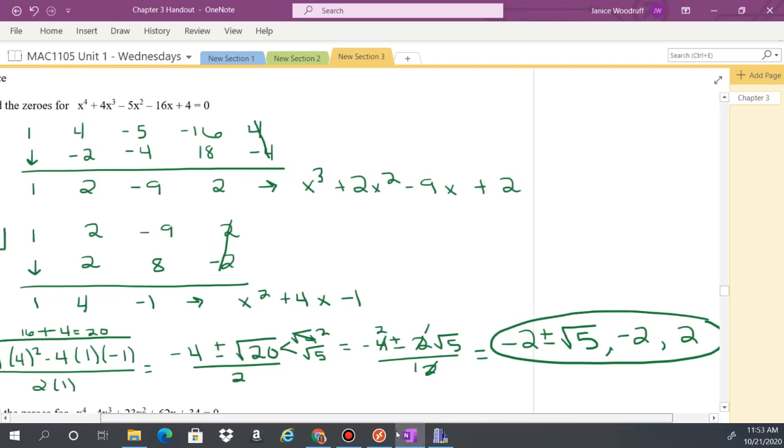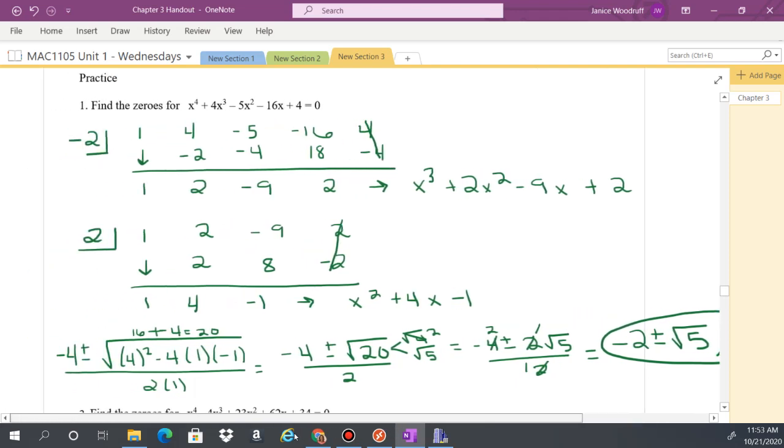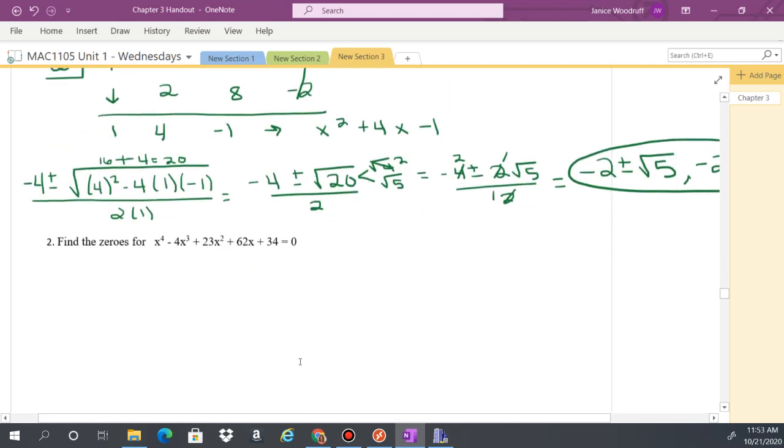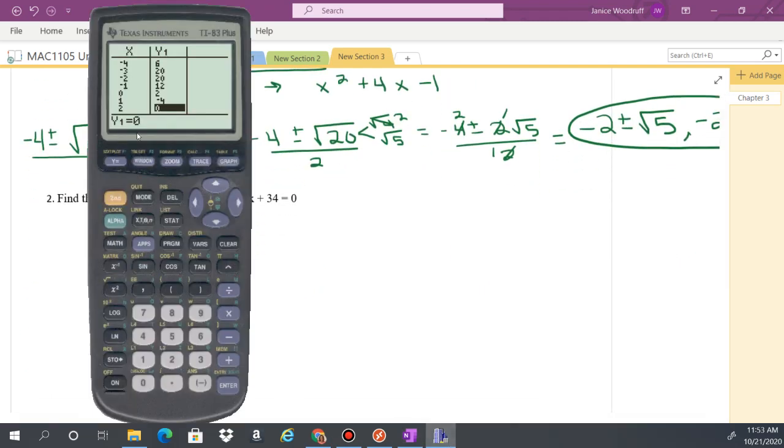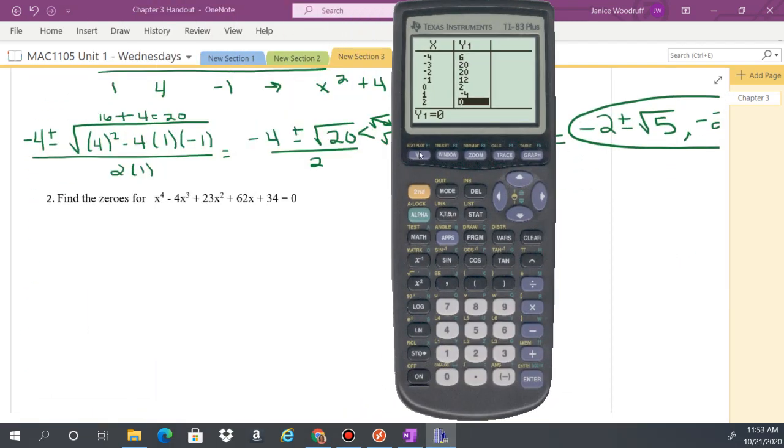All right, and I think we have time for one more. So we'll start this one in the graphing calculator again. So let's see, x to the 4th. Number 1 was -2 plus or minus radical 5, and then -2, positive 2.